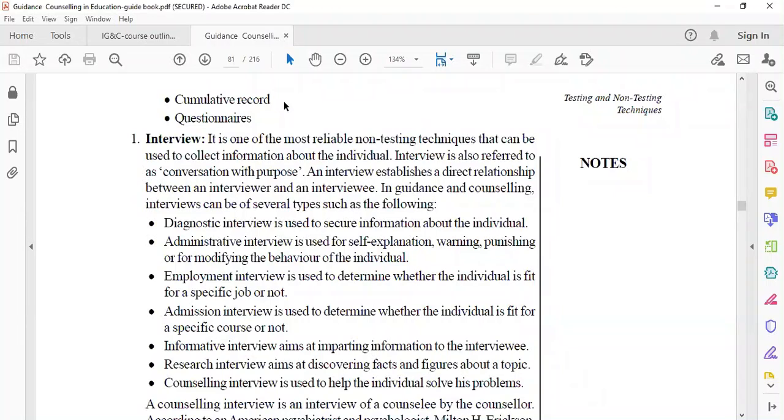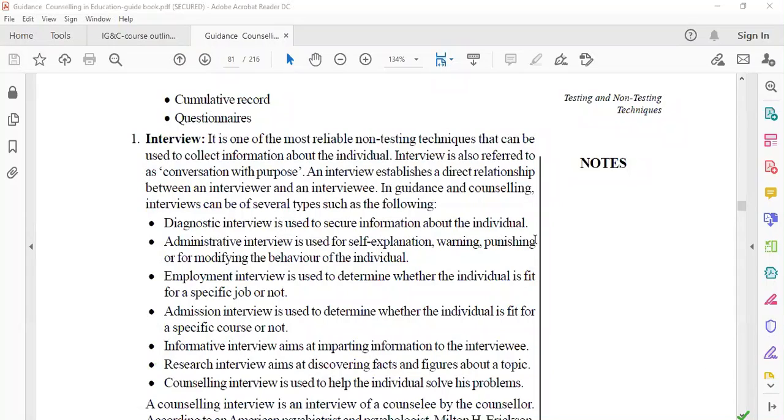These types include, as I've told you, diagnostic interview, employment interview, admission interview, and likewise informative interview, research interview, and counseling interviews. There are many types of interviews that are conducted in institutions. But we are talking about interview to provide guidance and counseling.